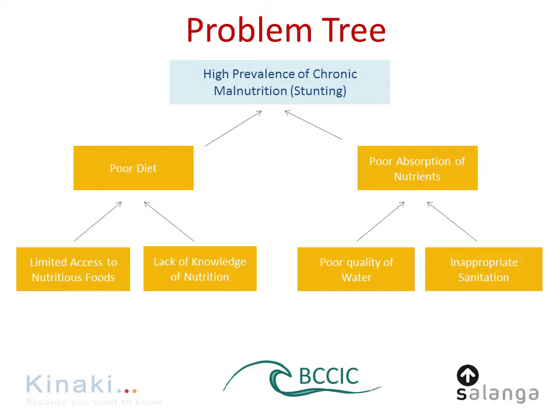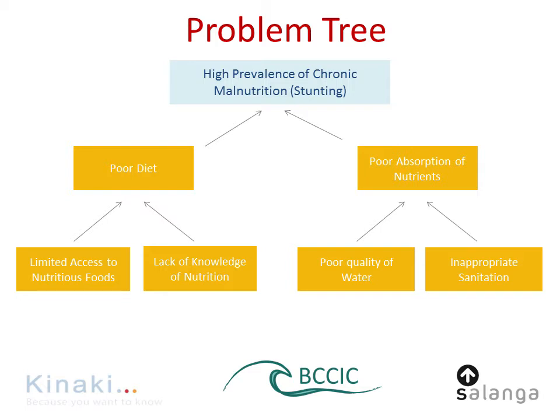Each of these causes will have some root causes, which means the issues out there in the community that we will try to address. So in this case, for the poor diet, we can look at limited access to nutritious foods. We can also look at lack of knowledge about nutrition, for example how to prepare good foods.